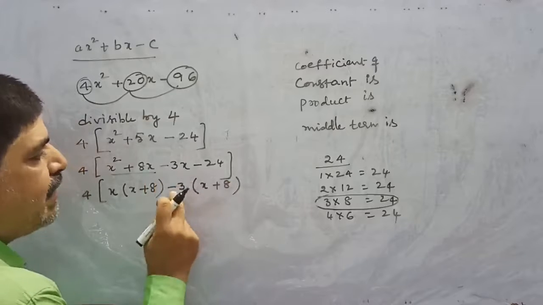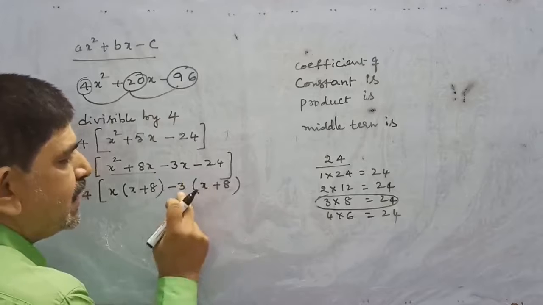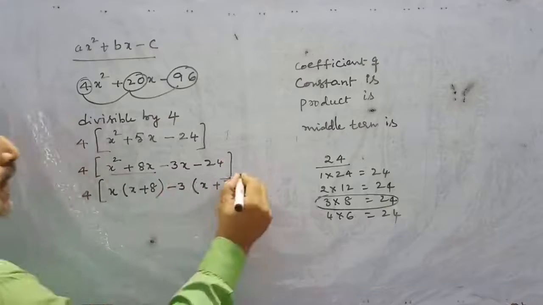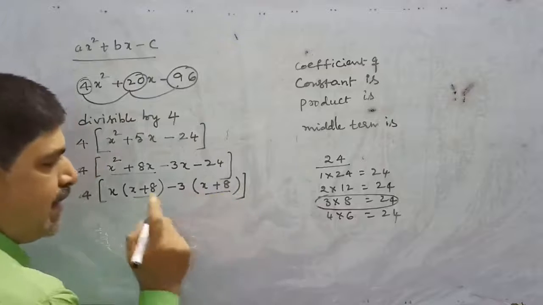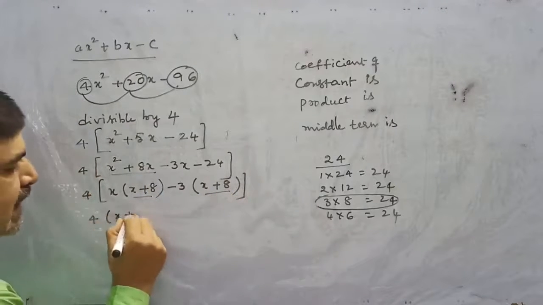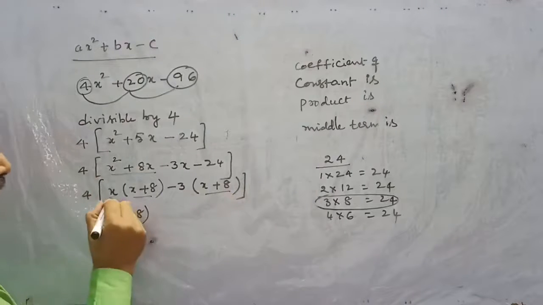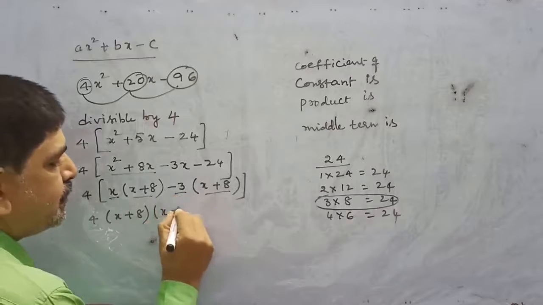Now see here, minus into plus, minus 3 1s are 3, minus 3 into x is minus 3x, minus into plus, minus 3 8s are 24. Now x plus 8 and x plus 8, you have to take one, 4 into x plus 8 is the first factor. Next, remainder, here x minus 3.